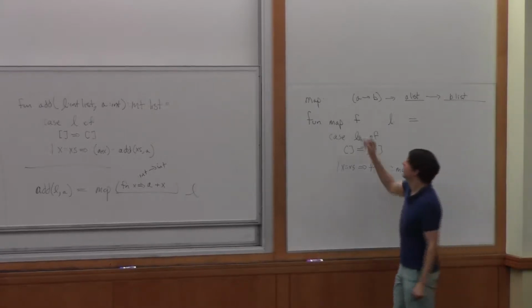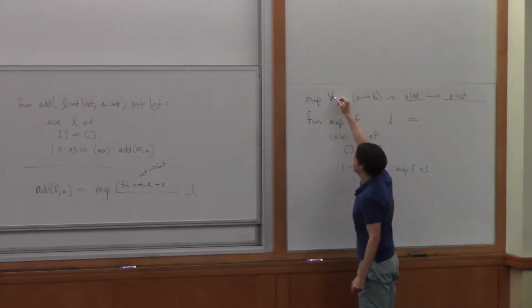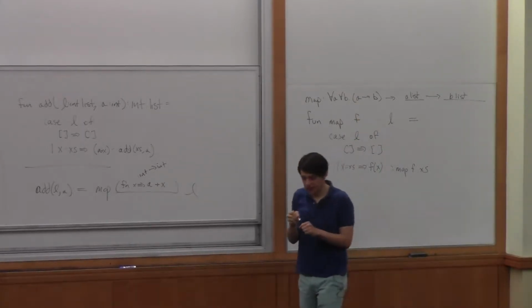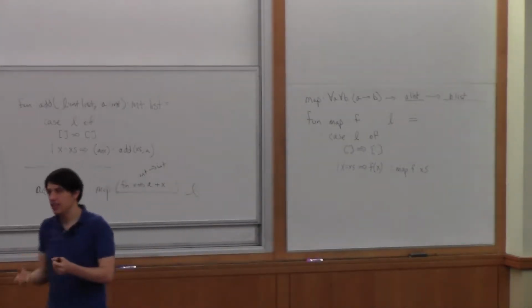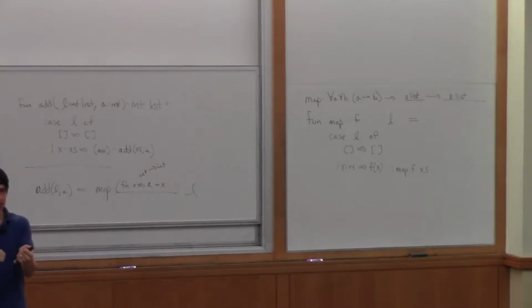That works not for specific A and B, but for all A and for all B, right? The idea is that no matter what A and B you want to pick, if you pick two A's and B's, it does that. Okay?